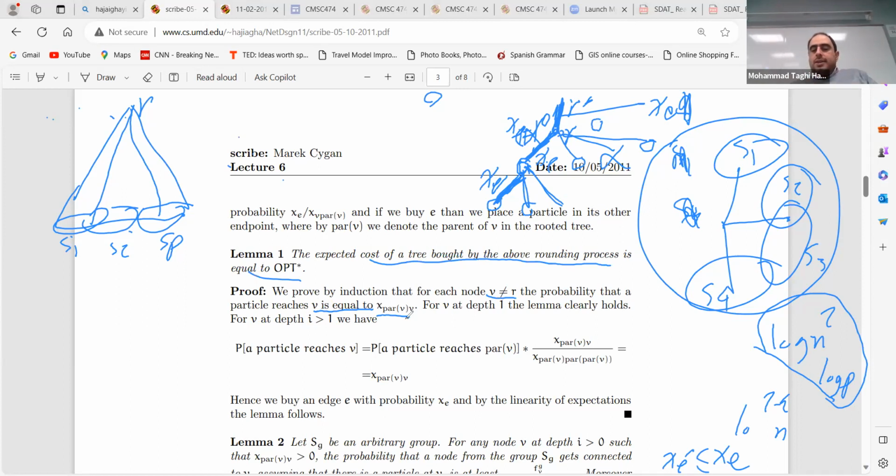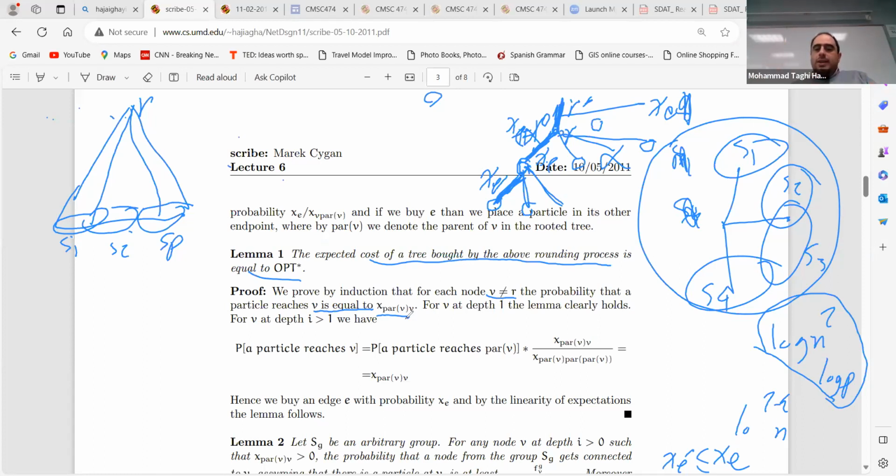If I prove that, then I am done. Why? Because the probability that I will buy this edge is exactly X of these edges. So X of these edges times the cost of those edges would be exactly the optimum solution for the LP. The LP was exactly this: cost of edge times X of E.